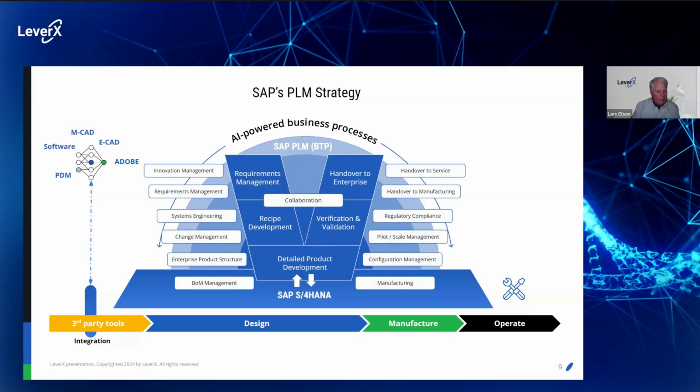A big capability that we're often stressing very much in these webinars is the collaboration and the integration of collaboration capabilities throughout these end-to-end processes. Then you have, obviously, handover to service, manufacturing, compliance, test management, scaling from a process, for those, configuration management on the discrete side, and then handing over all this data to the manufacturing and operations downstream of the design phase.